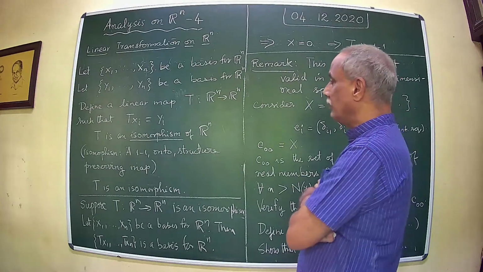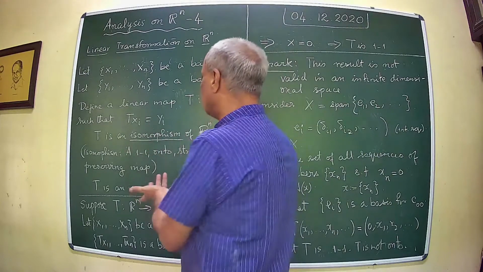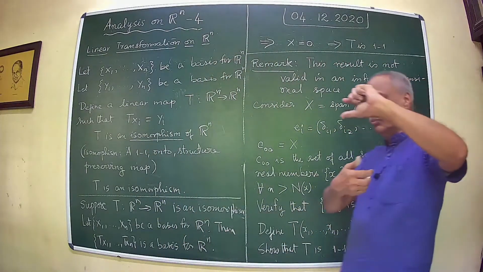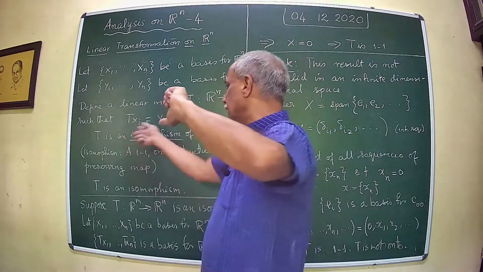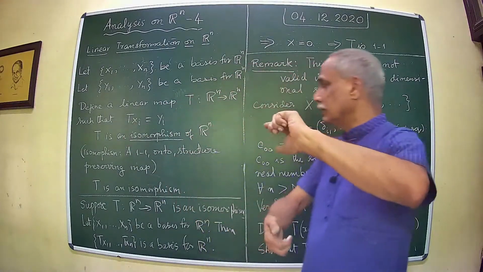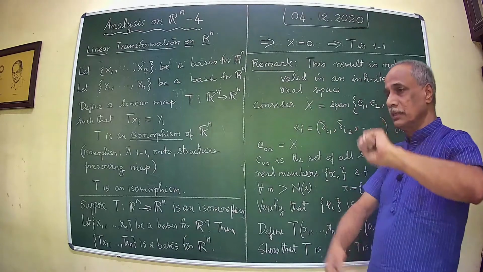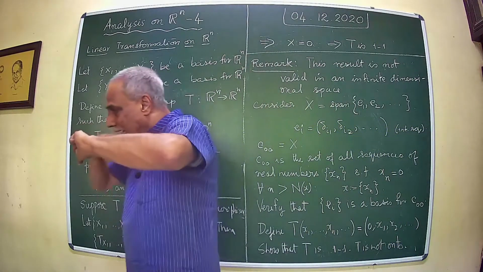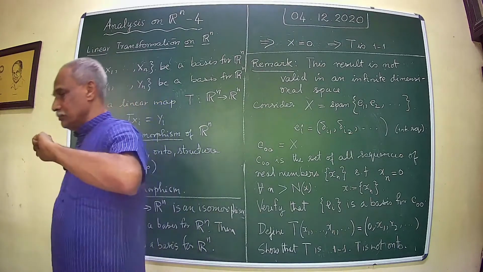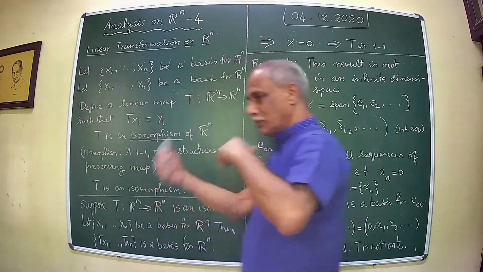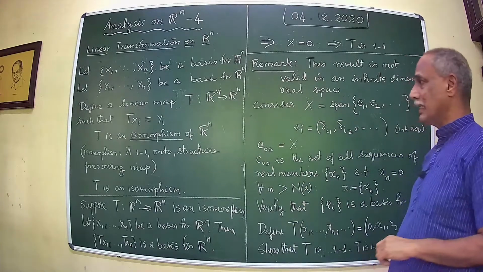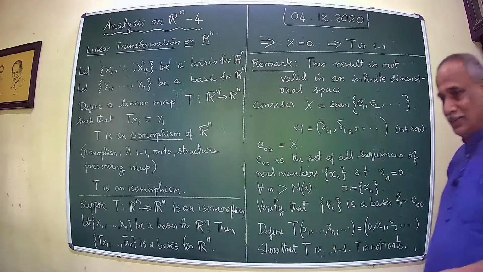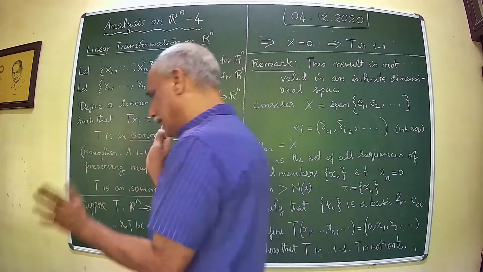If you have defined like this, then T becomes an isomorphism. Therefore, given two bases and the connection Txi equal to yi, you are inducing an isomorphism. Or yi has been generated by the isomorphism as Tx1, Tx2, etc., Txn. Okay, so that's the idea. So the two ideas are the same.